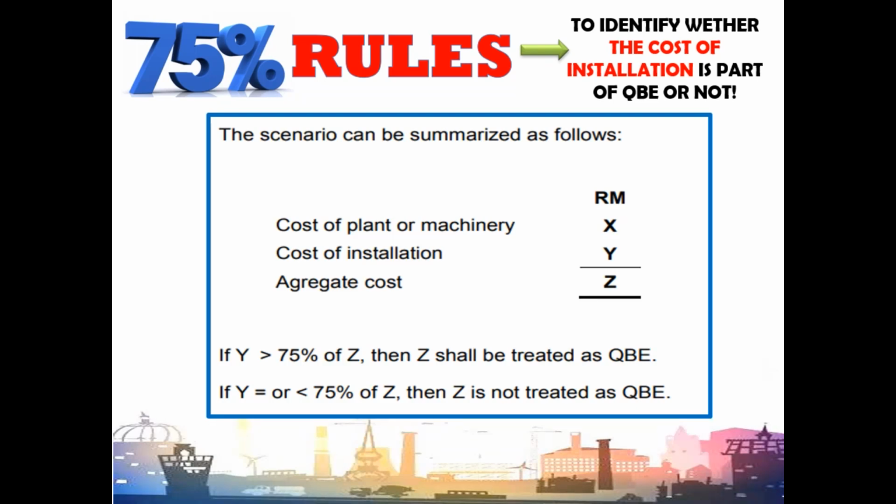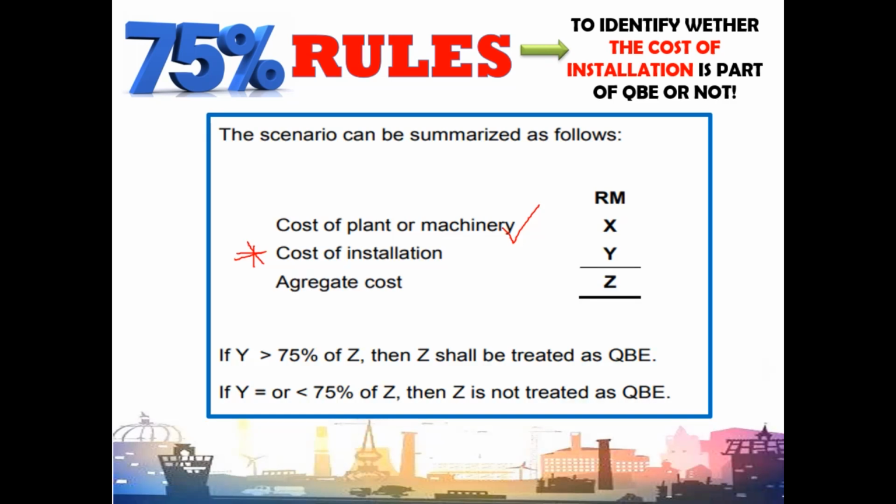The cost of plant or machinery, this cost is already a part of QBE. Our problem is we have to identify whether this cost of installation is a part of QBE under the 75% rules or not.